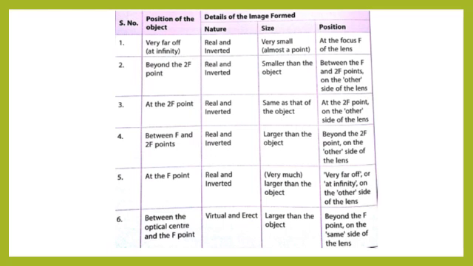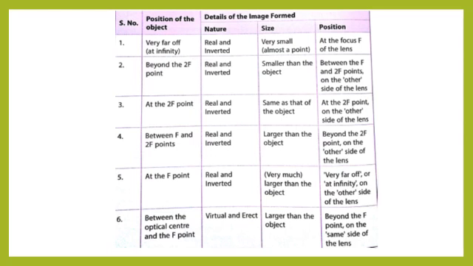Then the image formed is real, inverted and of very small size, and the position is at the focus of the lens. And when the object is beyond the 2f point, it forms a real and inverted image, smaller in size than the object, and the position is between f and 2f points on the other side of the lens.